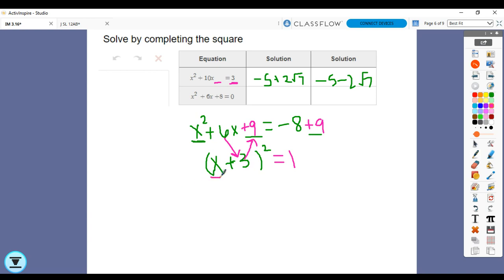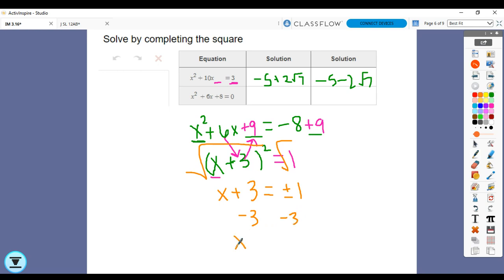Now we just need to solve for x. So I need to get rid of my square by using the inverse, square root both sides. So x plus 3 equals plus or minus the square root of 1, which is 1. Then to get x by itself, I have to subtract 3.